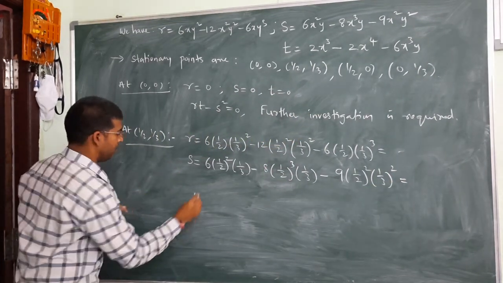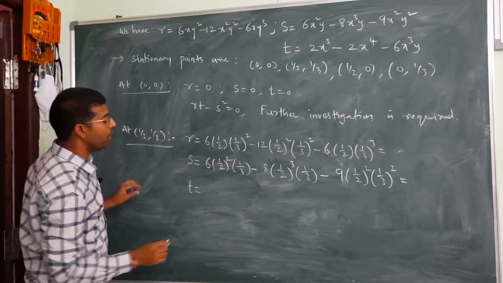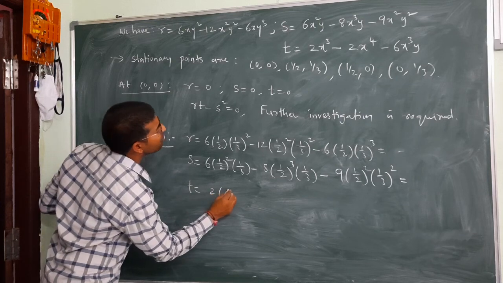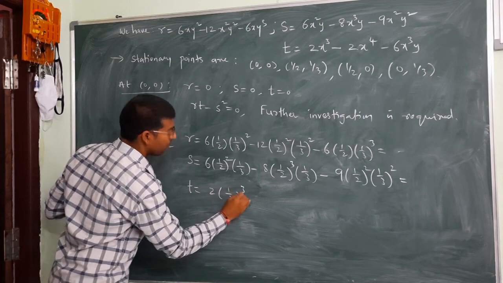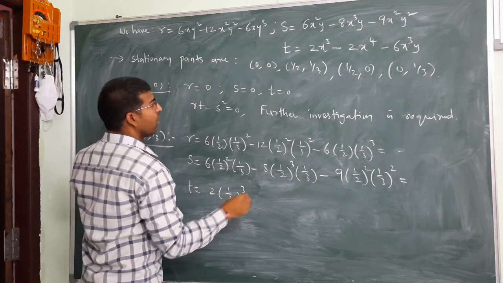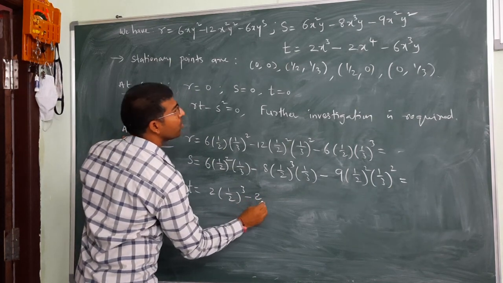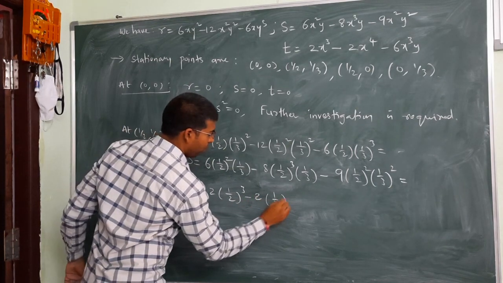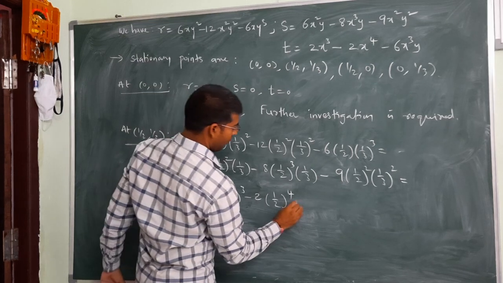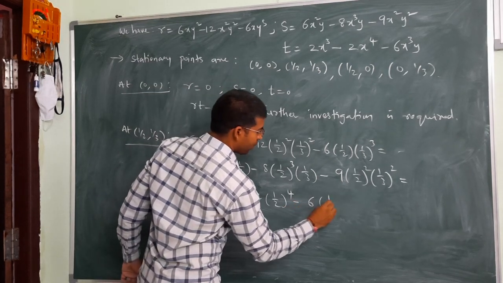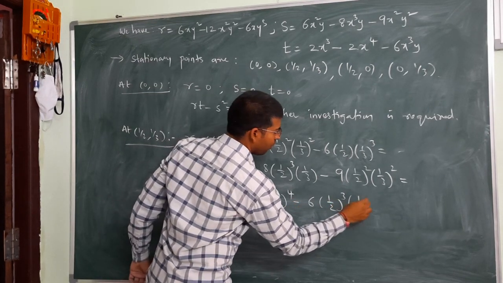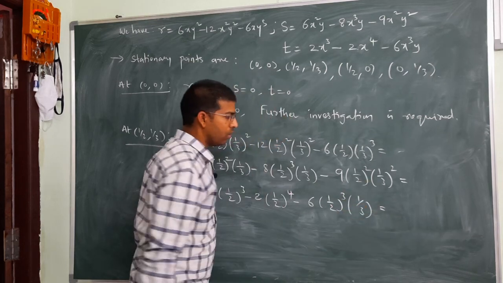Next is T. What is the T value? 2 into x³ means (1/2)³, next minus 2 into (1/2)⁴, minus 6x³ into 1/3.